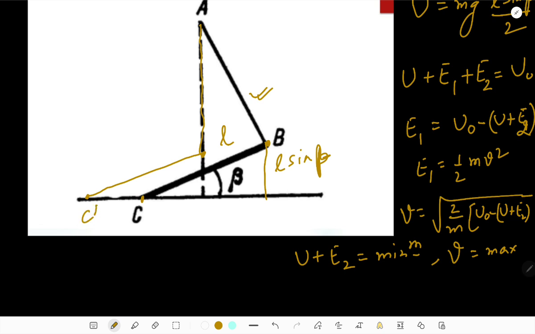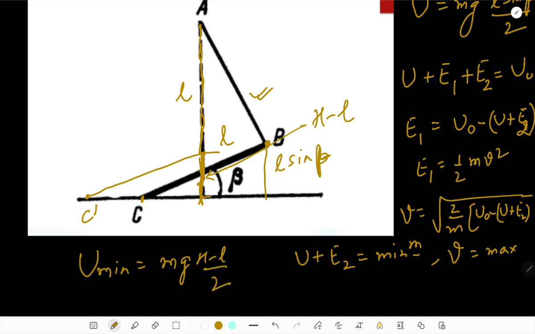Call it the position C dash, so that the length of the string becomes L simply, and this total length is H, so that this length I'm talking about becomes H minus L. So in that case, the minimum potential energy of the stick becomes mg(H minus L)/2.